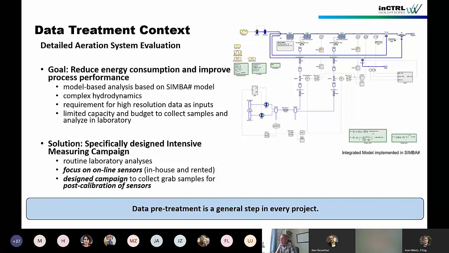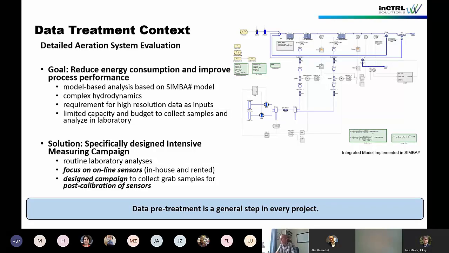In this project, we were working on quite a complex wastewater treatment plant, with basically 3 completely different sections, and we were supposed to analyze the aeration control system. We had some doubts about how to properly model the hydrodynamics.